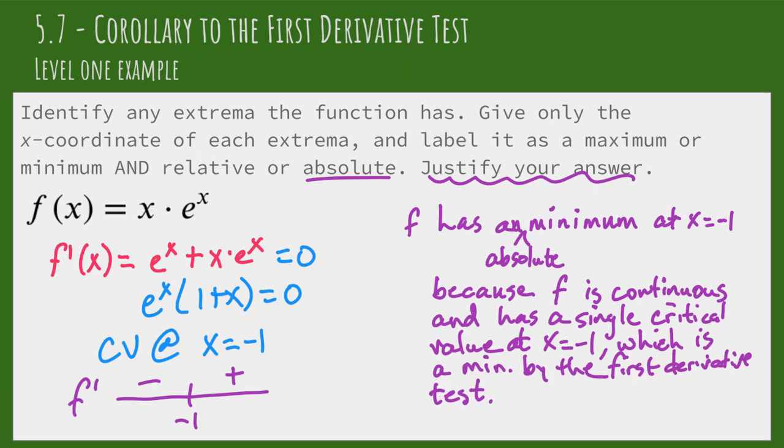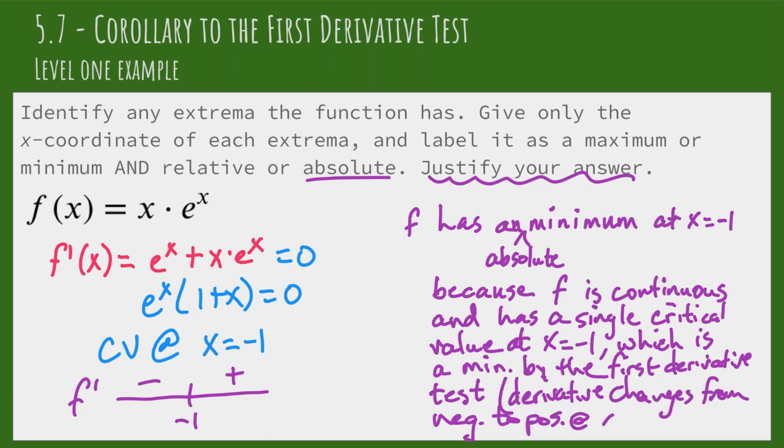And really, I should justify that by saying that the derivative changes signs. It's kind of a lengthy description, but the idea here is that since the derivative only changes signs at one point, then we know that the function itself is always decreasing to the left, always increasing to the right, and so we have an absolute minimum at this point.